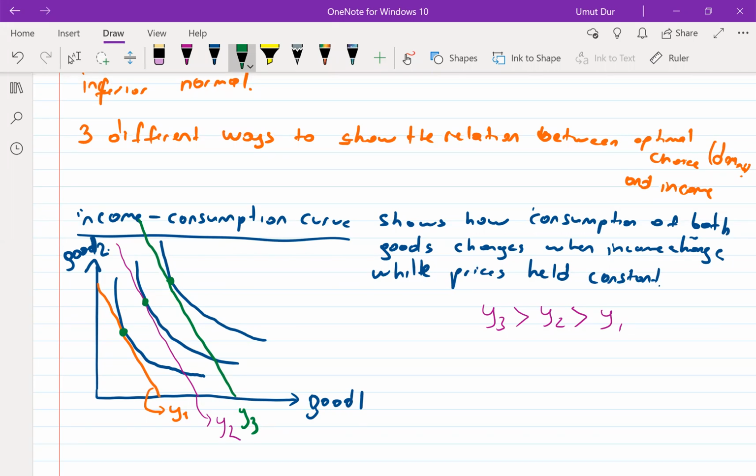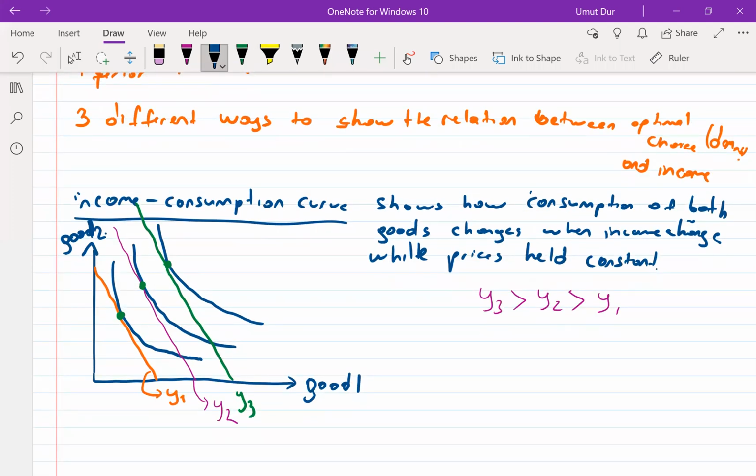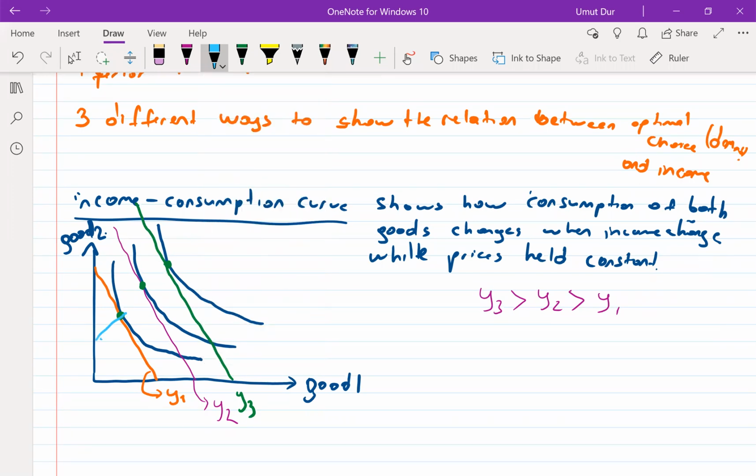I just want to draw a curve which finds the optimum bundles for different income levels, which is to say I'm just connecting those optimum bundles. So this is the income consumption curve.